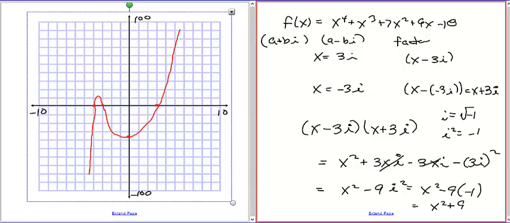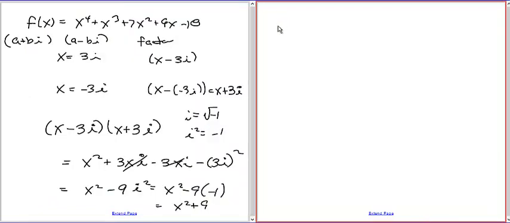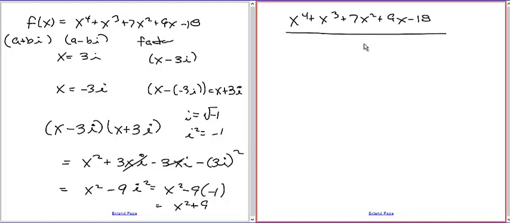So now what we could do is we know that these two factors multiplied together give us this quadratic. And what we're going to do is take the original polynomial and divide by that polynomial.